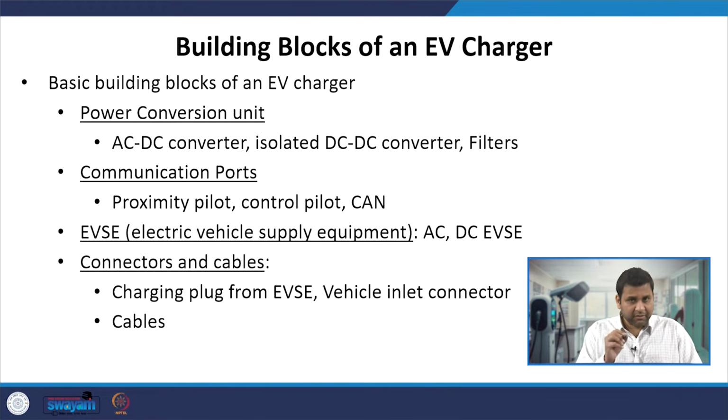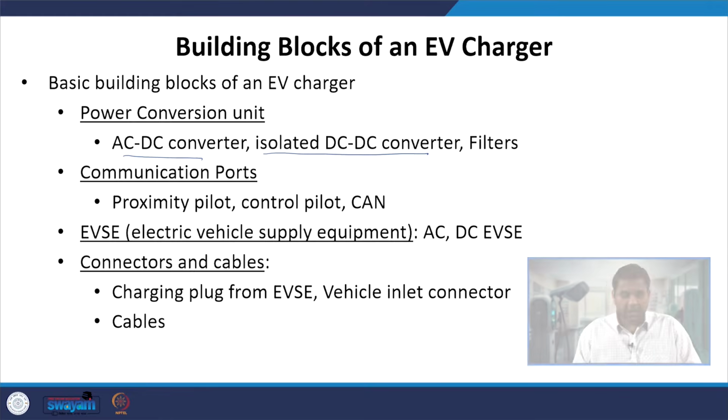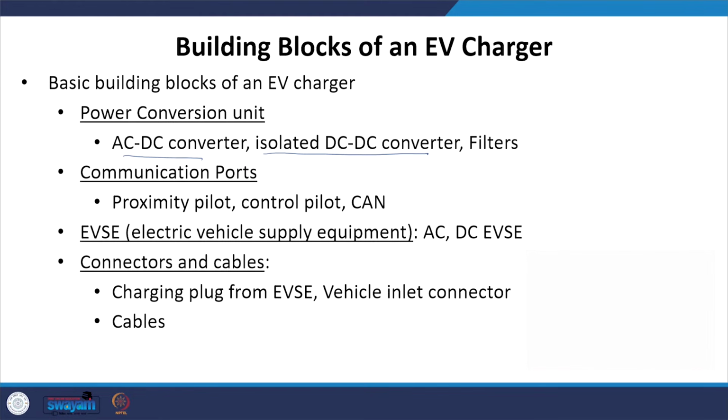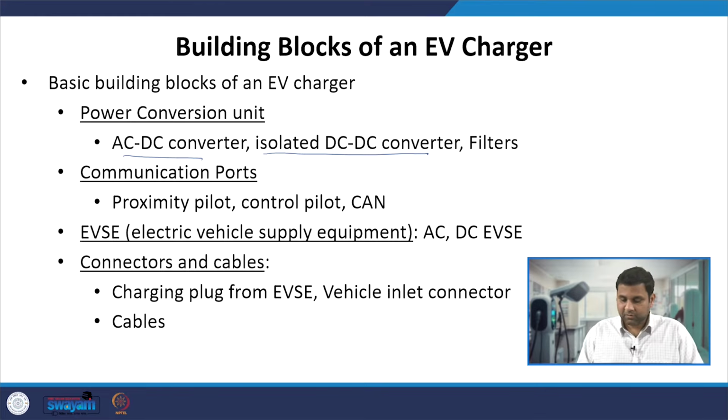So we have a power conversion unit, and in that power conversion unit we have an AC-DC converter followed by an isolated DC-DC converter. Most chargers have this kind of configuration, and these configurations facilitate the required operation of an EV charger, as well as following the required charging profile which is determined by the BMS of a battery pack.